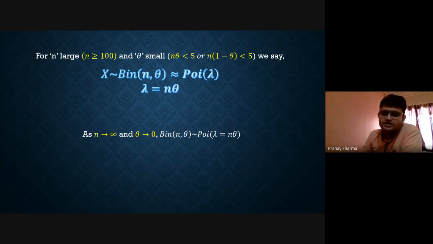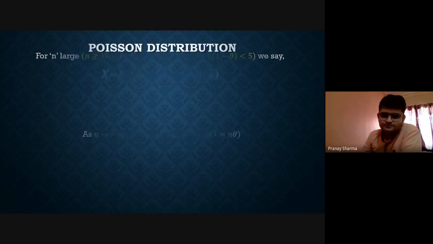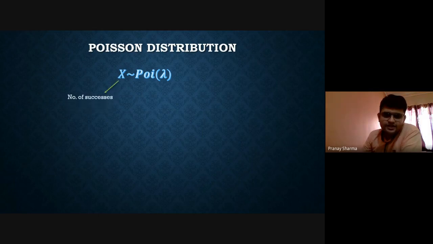Now let's learn what our Poisson distribution is. We say x follows Poisson with one parameter, lambda, where x is nothing but the number of successes and lambda is the rate of success. Now what is a rate of success? I'll take an example.